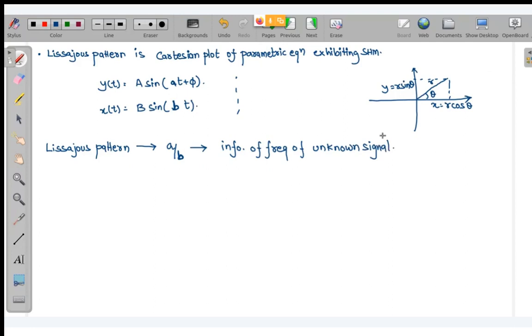Now one thing you should know: if the A by B ratio, or omega 1 by omega 2, as I had taken omega 1, omega 2, is a rational number, I will get a closed curve.